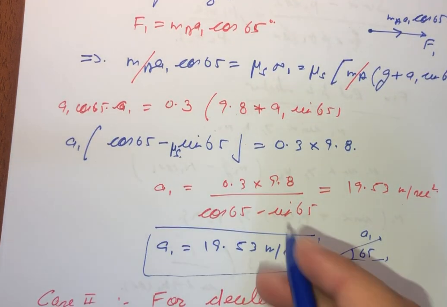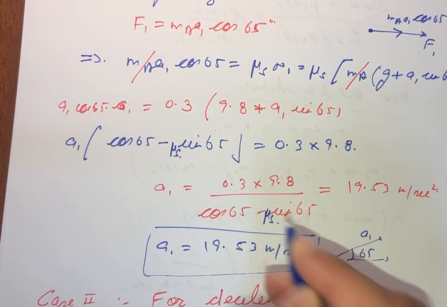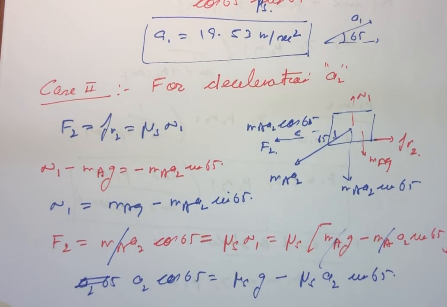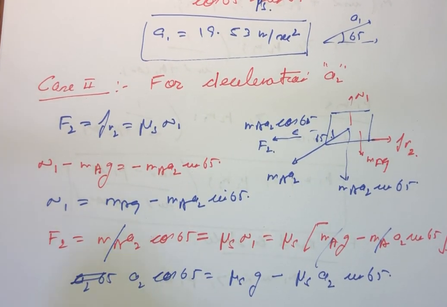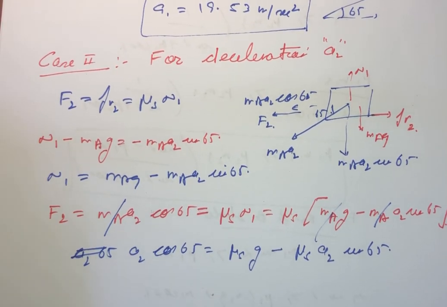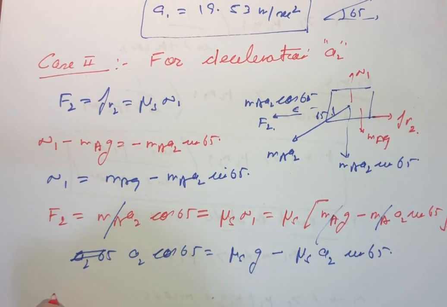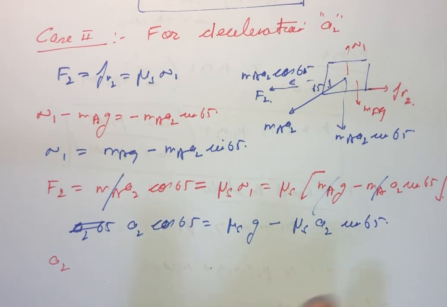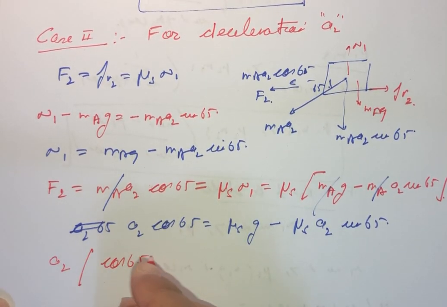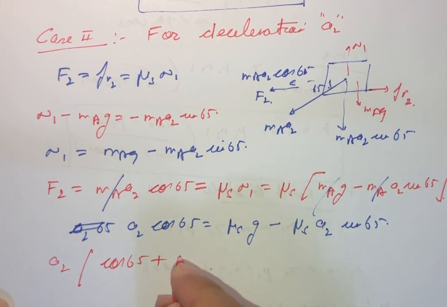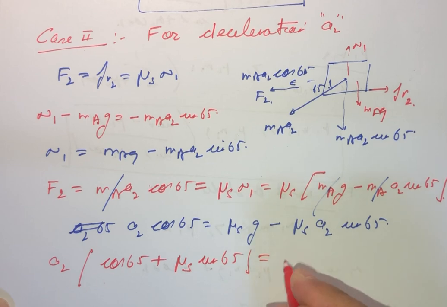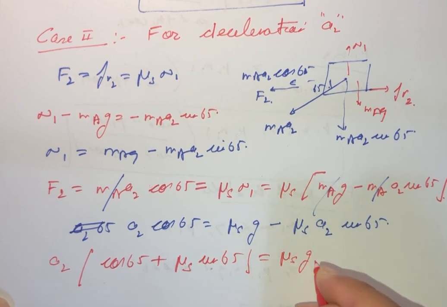So taking A2 as common, we are left with A2 times cos of 65 plus mu s sine of 65 is equal to mu s into g.